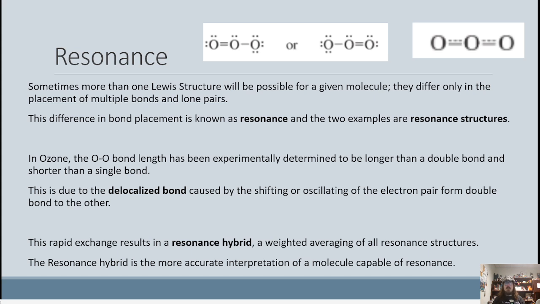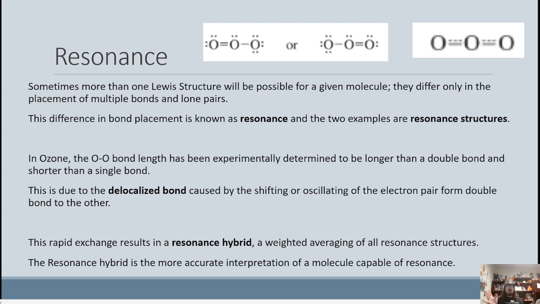This resonance hybrid is a more accurate interpretation of the molecule. The only way you could stick it in one or the other is by cooling. If we cool this structure down to an incredibly low temperature, that slows down all movement, including electron movement.